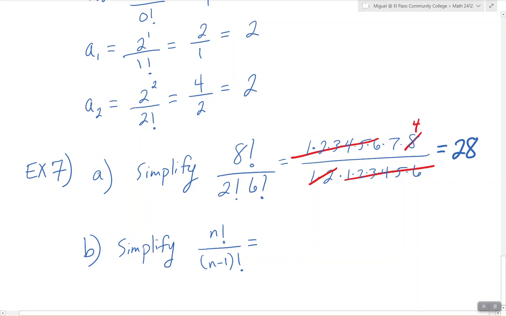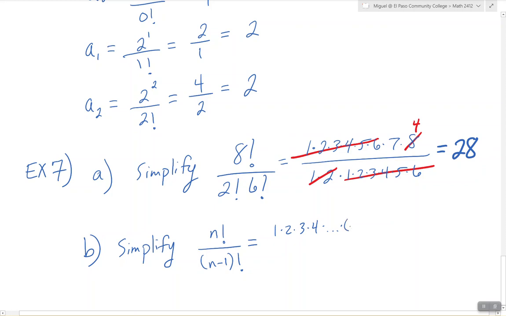We can also think about factorials in general terms in order to simplify. If we were given n factorial over n minus 1 factorial, whatever n is, we're going to multiply from 1 all the way up to n. If n is where you stop, what is right before n?